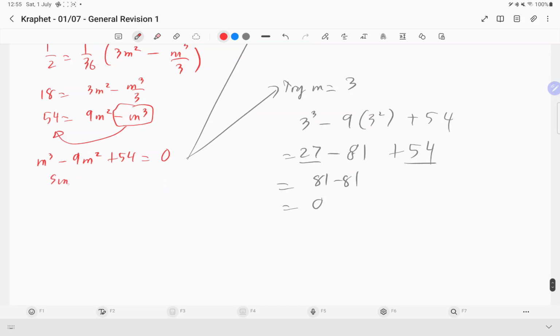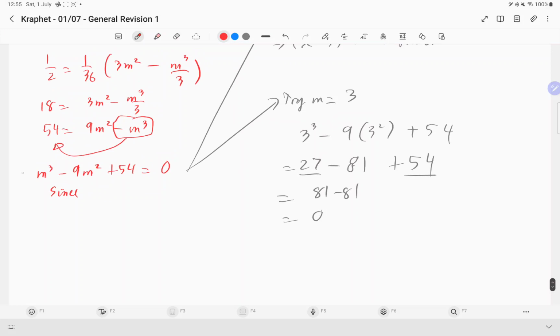Since f of m equals that, f of 3 equals 3 cubed minus that, which is 27 minus 81 plus 54, which is 0. Then m minus 3 is a factor.